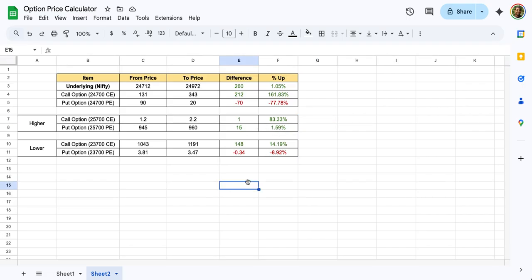So this is what makes option prices a bit complicated, and we must recognize that the option price is the price at which you are buying or selling options. This is the key value to which our hard earned money is related. If you are buying something at 131 and you do not know where it will go, that becomes a very risky thing in options, which is not similar to stocks, where you know it is moving linearly.